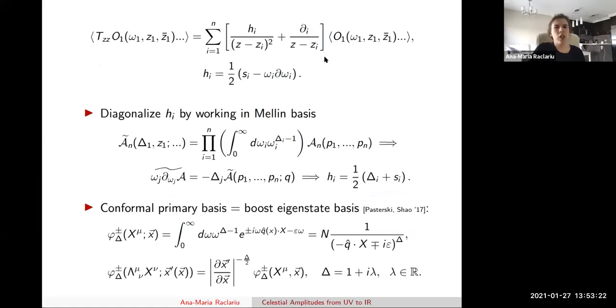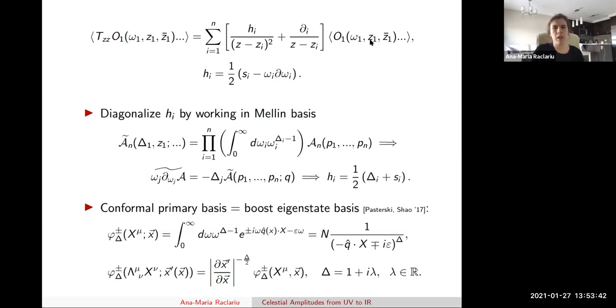Okay, but this looks like the Ward identity of the stress tensor, but the point I wanted to make here is that the would-be weights of these external operators don't take the standard form as in conformal field theory. You would expect them to be numbers, they're here operators.